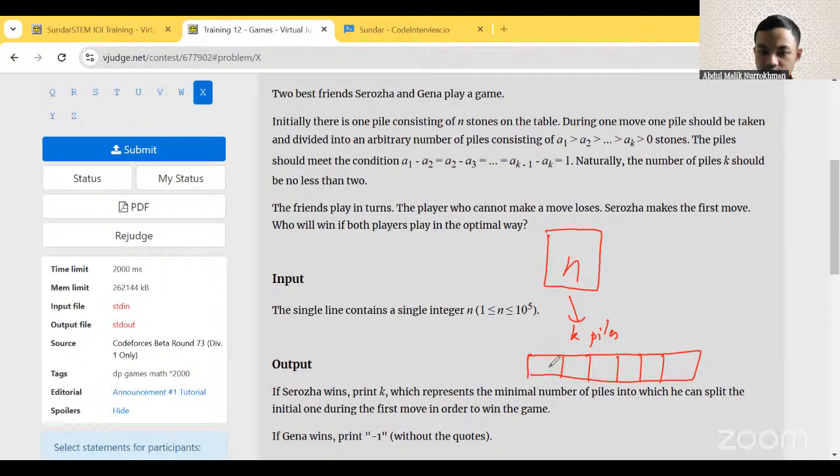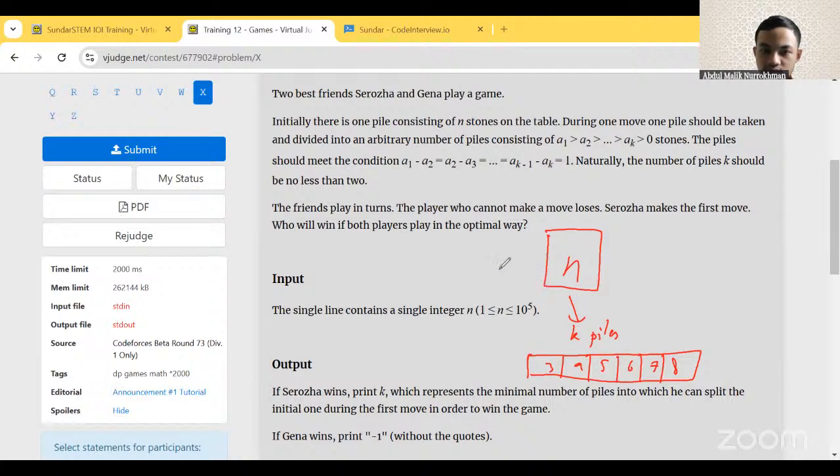For example, 3, 4, 5, 6, 7, 8. In one move, we can do like this with any k. And then the next player will do the same rule until there is a player who cannot move. The player who cannot move loses the game.